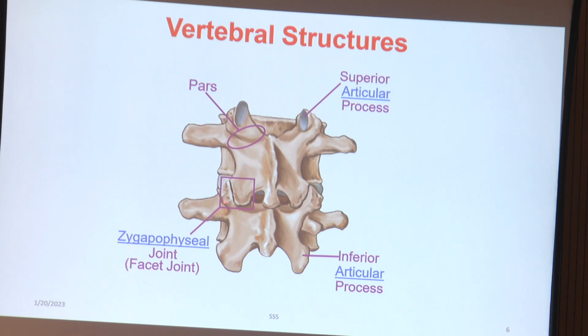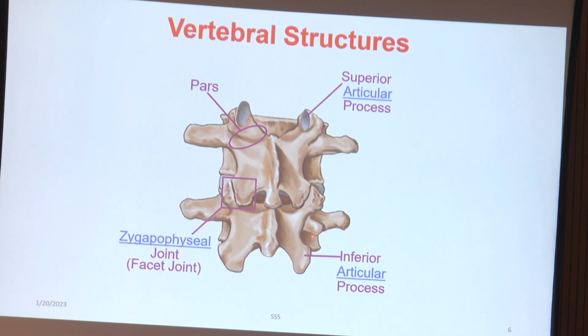Many a time when we are decompressing, we go rampant and out of bravado, we even sacrifice this, which actually leads to instability. When you have to do a little decompression, this should be your anatomical landmark. I don't have to cross this. So the facet joint is important. Also, the superior articular process and the inferior articular process.